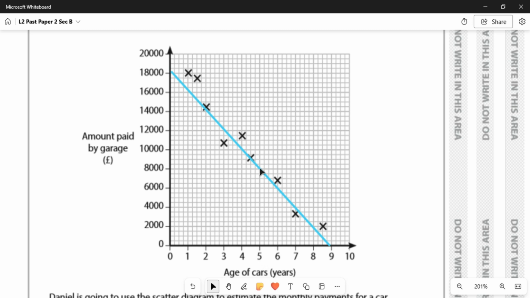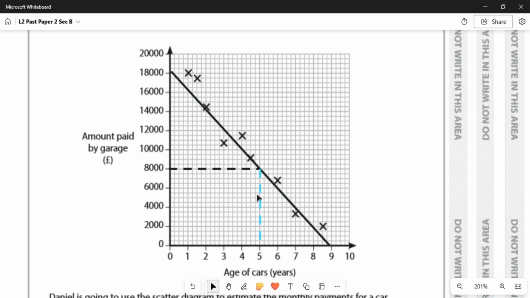In the mark scheme, your answer has to be between 7,500 and 8,500. So I got exactly between that, which is 8,000. In fact, if I draw my dotted lines, there's my dotted lines. As you can see, if you go up to 5, hit your line and then go across, I get exactly £8,000 as my answer.